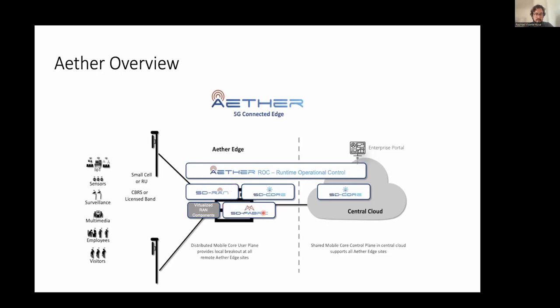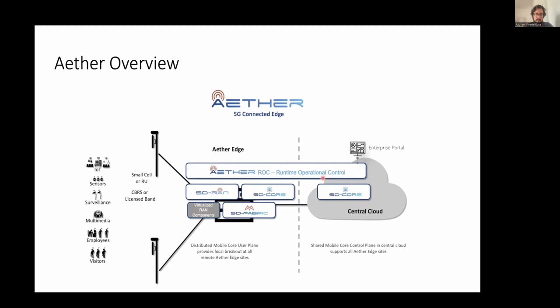And you have the edge network being operationalized by the SD-Fabric components for the data plane connectivity, and the SD-Core providing the means to connect these 4G and 5G cells, and in the central cloud as well.